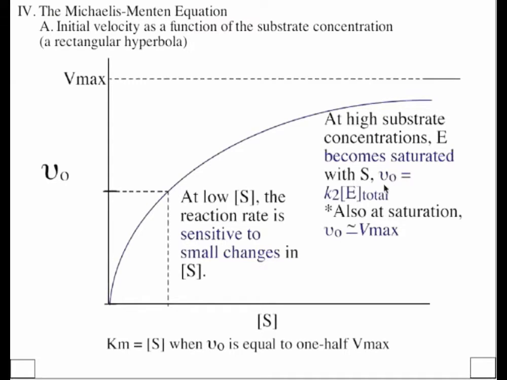You could plug that into this equation and actually write another equation: at saturation, Vmax is equal to k2 times E total. Excellent.